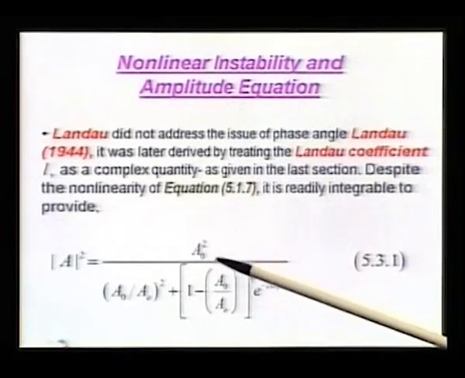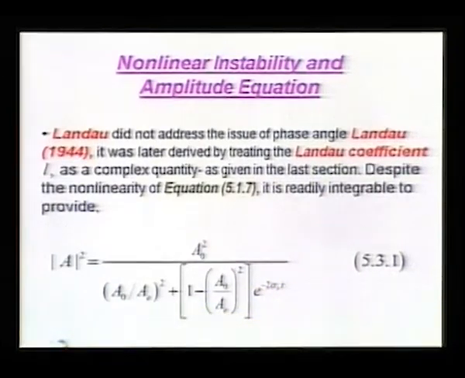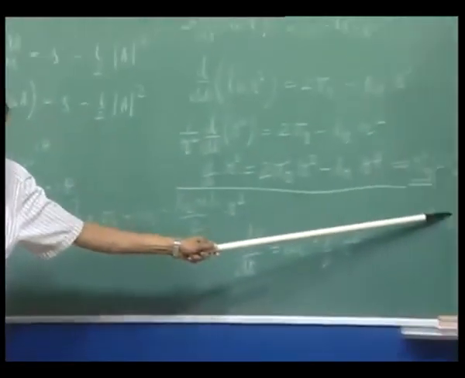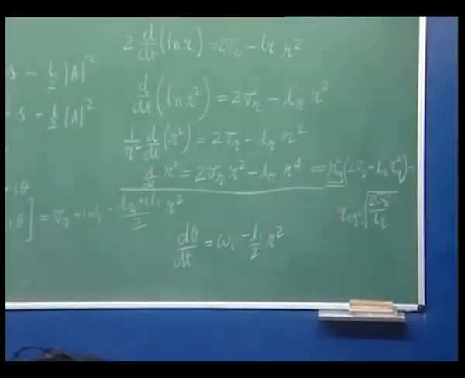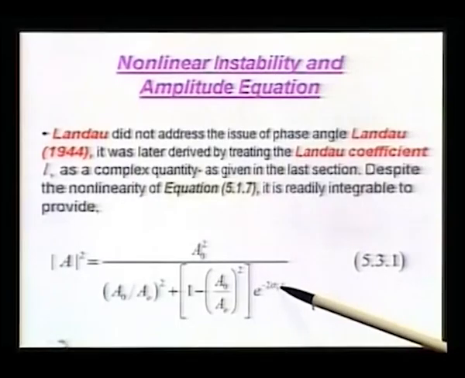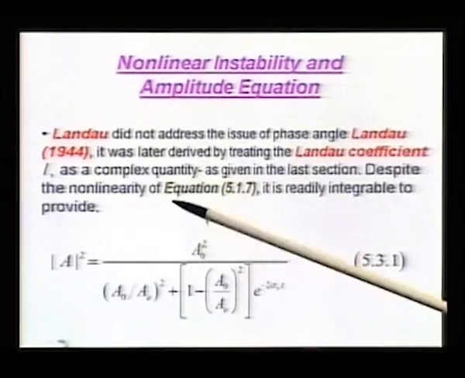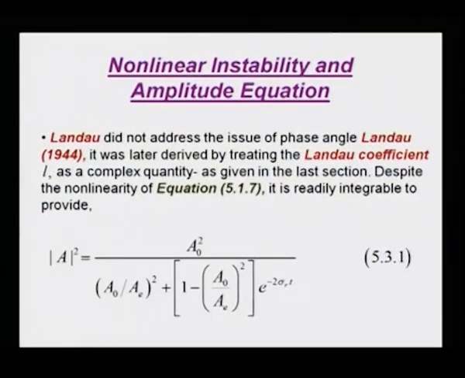What is A naught? A naught is the initial solution. What is A E? A E is what we have written here, right? The equilibrium solution. So what happens? For very large time, this goes off, and this A squared goes off, and you get A E. So you get an equilibrium amplitude, which does not depend on the initial condition.